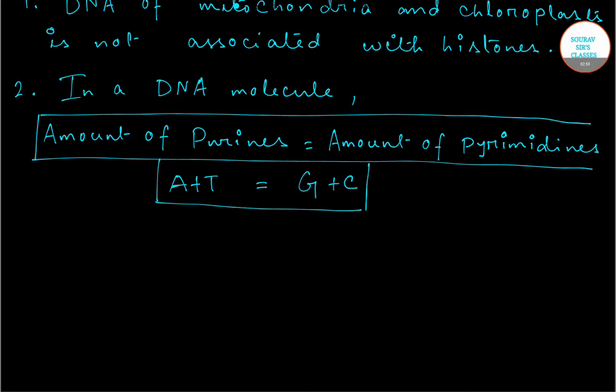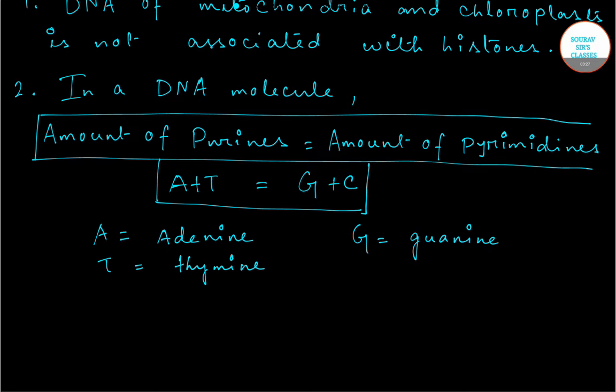Now A is adenine, T is thymine, G is guanine, and C is cytosine.